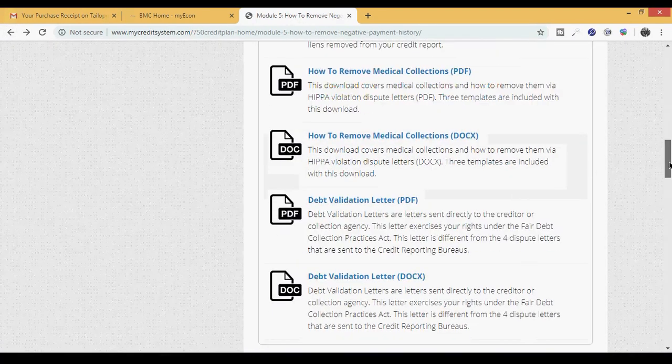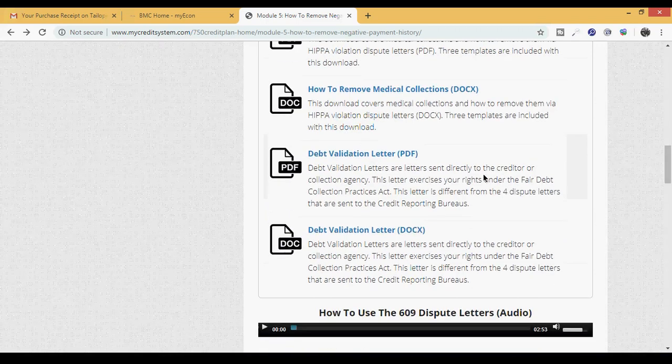I'll brush over briefly some of the other ones. The debt validation letter. This letter is a little different from the first letter in the disputes letters because this one is centered around going directly towards the debt collectors. So as you see, the debt validation letters are sent directly to the creditor, not the credit bureau or collection agency. So this is the agency that might have taken over that debt.